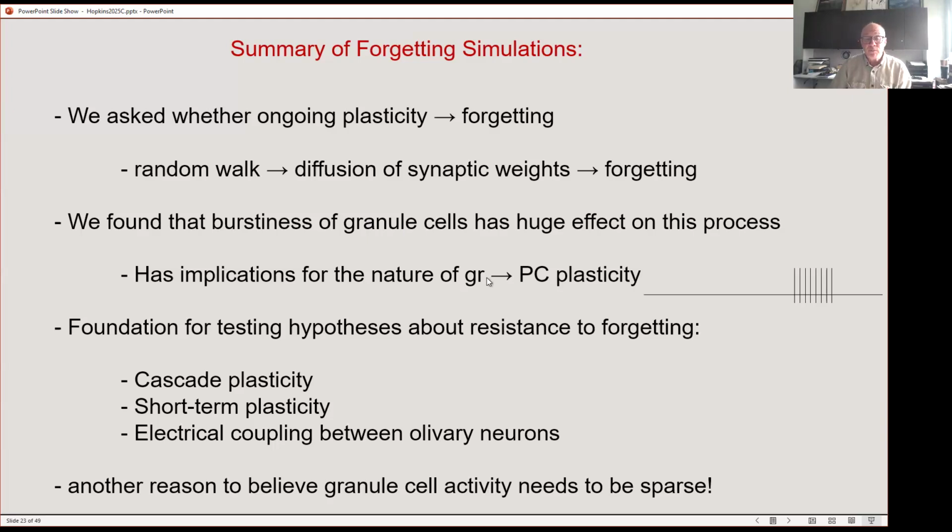And so we were really doing this as a foundation for testing hypotheses about things in the cerebellum that might resist this forgetting. And here, these three things are literally just the three specific aims on a forgetting grant that I wrote. These are things about the cerebellum that might slow that forgetting process. But we already discovered, even in this so-called foundational experiment, that the burstiness of granule cells has a big effect.